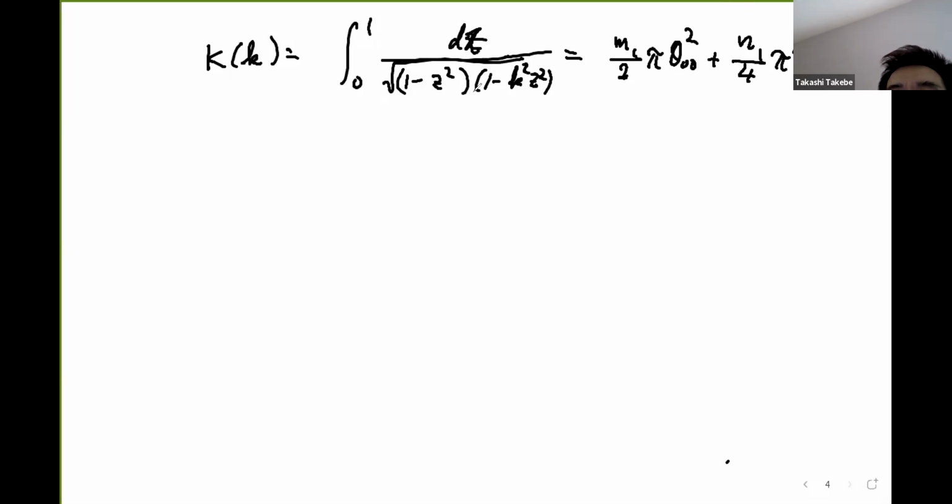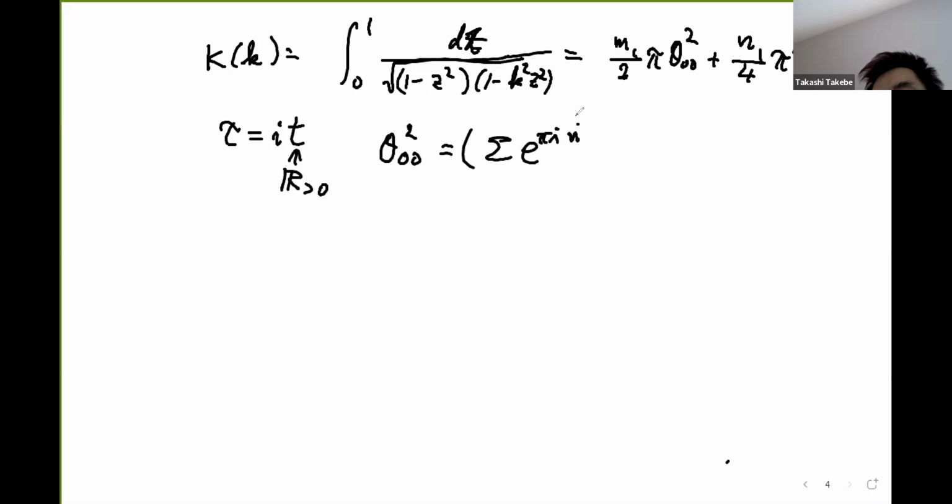But when tau is a purely imaginary number, then by using the definitions, for example, this one is equal to e to the minus pi n squared t, which means that this is real.